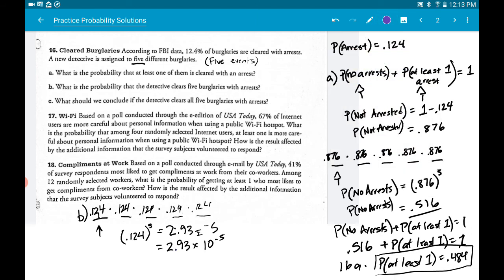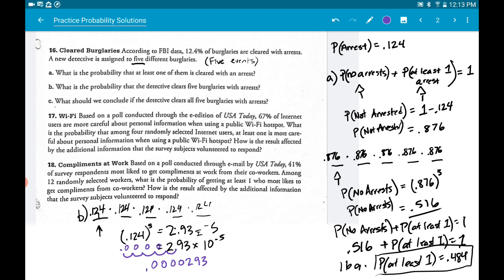Negative 5 means I can move the decimal over 1, 2, 3, 4, 5. And so the actual answer would be 0.0000293-ish. And that is a very, very, very small percent of making all 5 arrests.